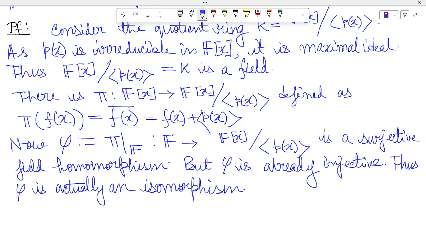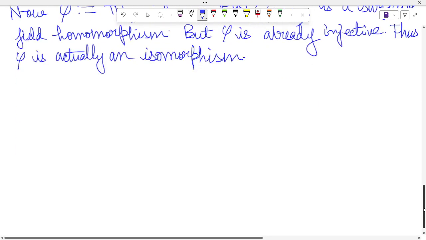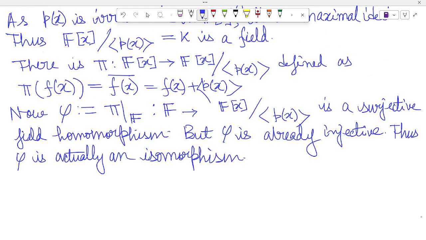Okay. So see that the restriction map which I have defined is an isomorphic copy.